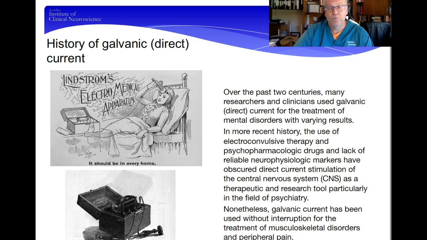Through the years, galvanic current has been used to treat a variety of different things, and you can see some of the ads that I just captured from the internet, like Lindstrom's electrico-medical apparatus, the little boxes, and how they would sell these things to make them look more scientific or medical.